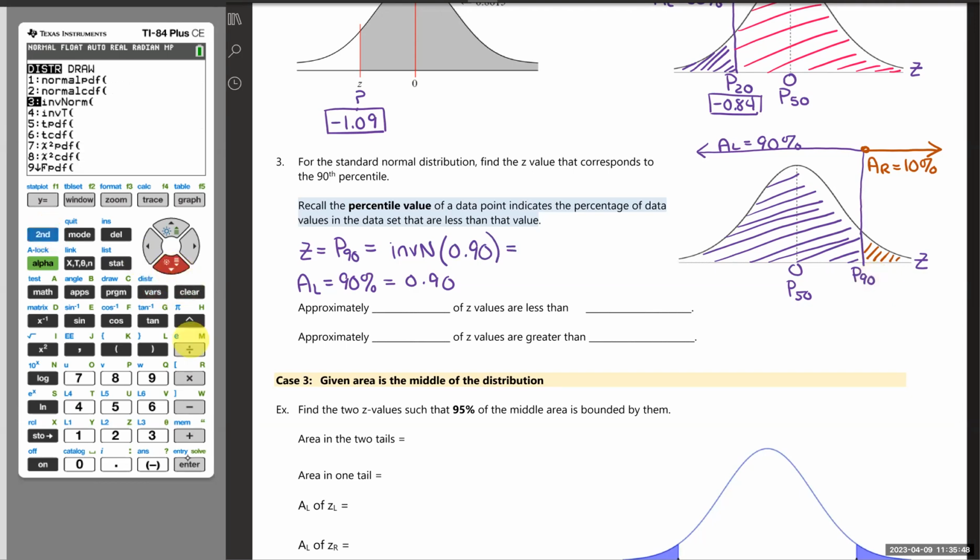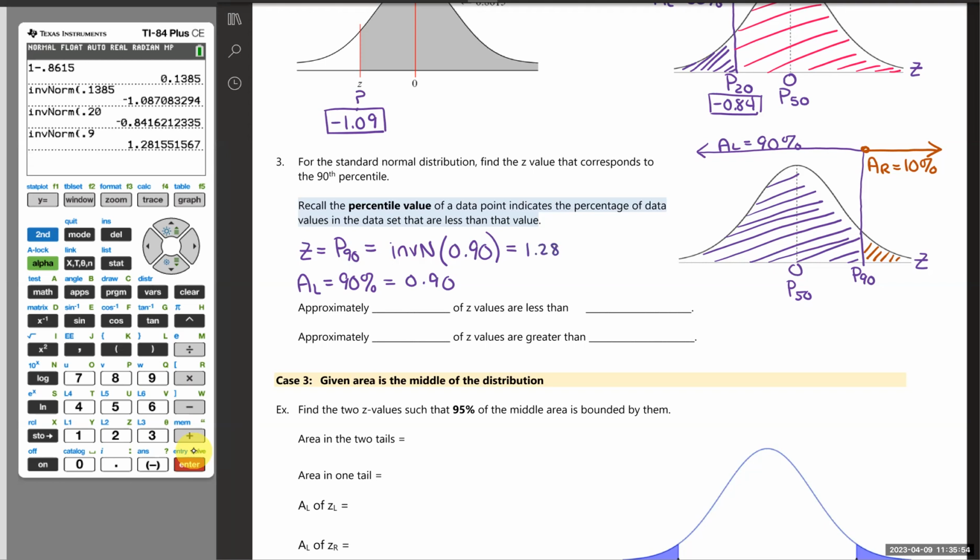And that is positive 1.28. And a positive number makes sense because P90 is to the right of 0.